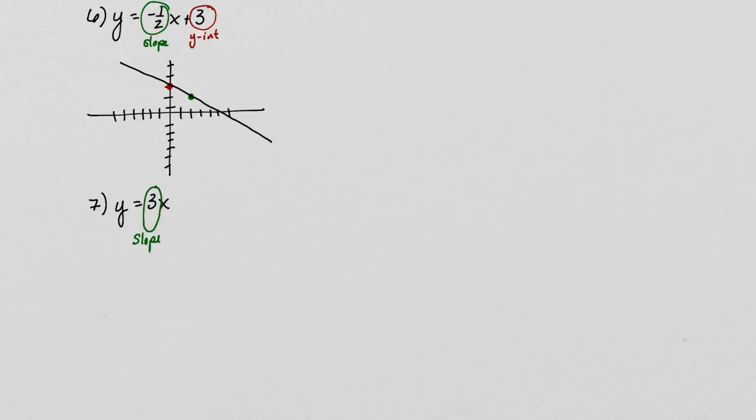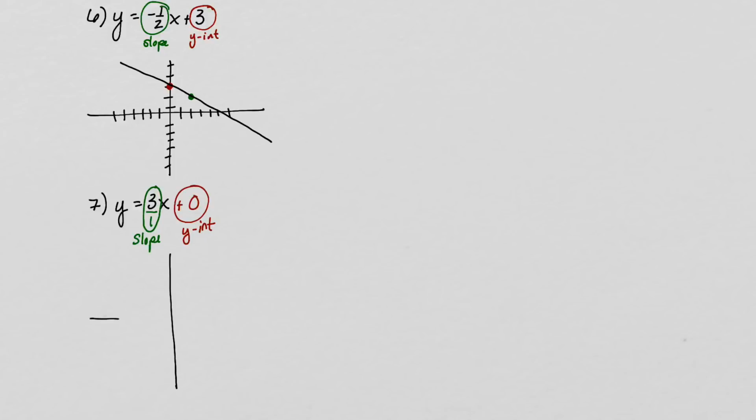This 3 here, it's not a fraction, but I can easily turn it into a fraction by putting it over 1. And over here, we had that y-intercept, but down here, I don't have anything else, so I can think of it as plus 0. So that 0 is my y-intercept in this case.